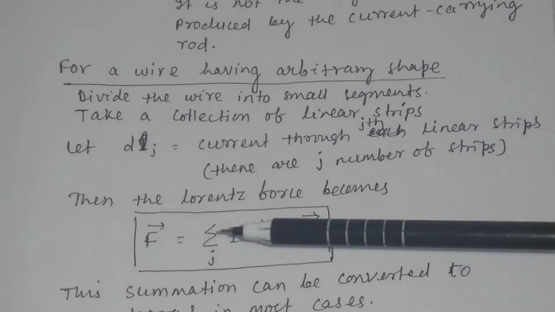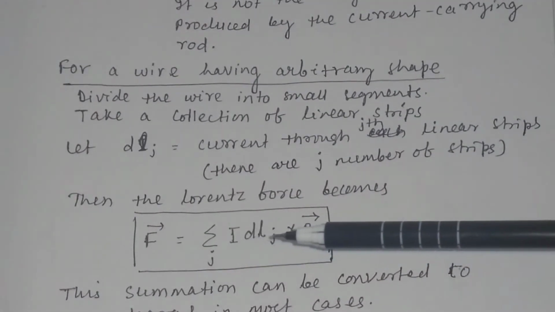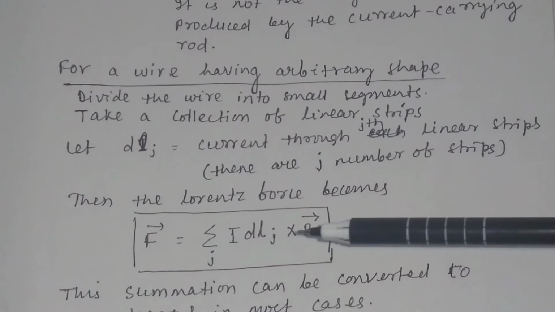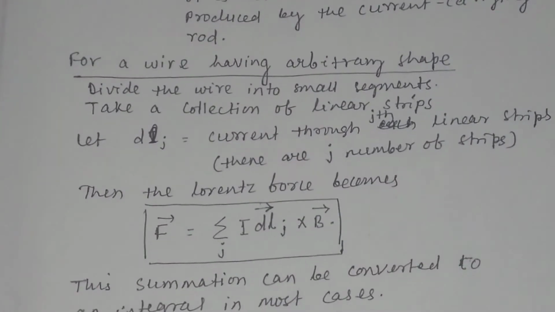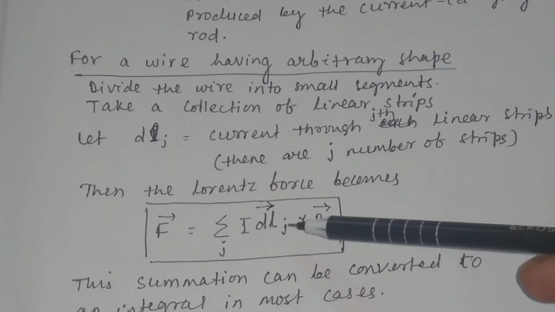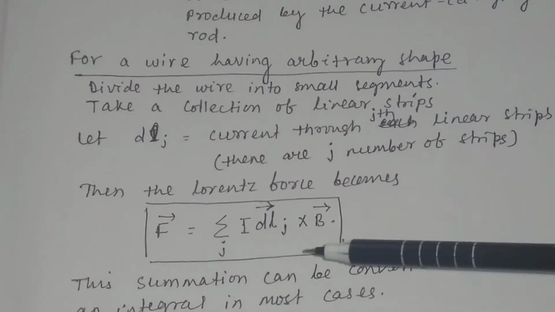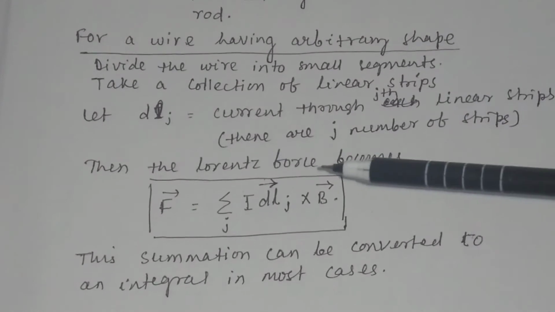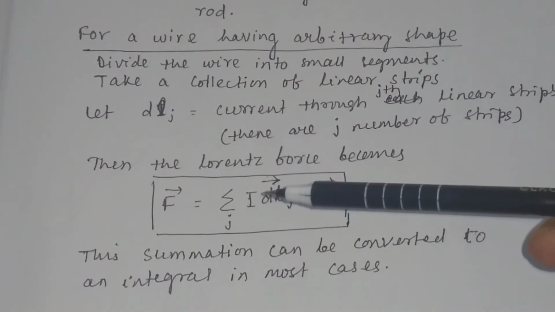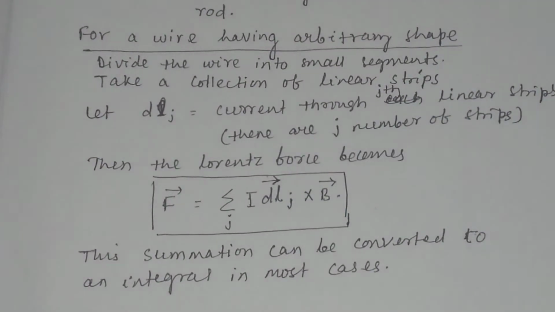F will be equal to the sum over j of I dLj cross B. Here dLj is a vector, so dLj vector cross B vector. This summation sign can be converted into an integration in most cases.